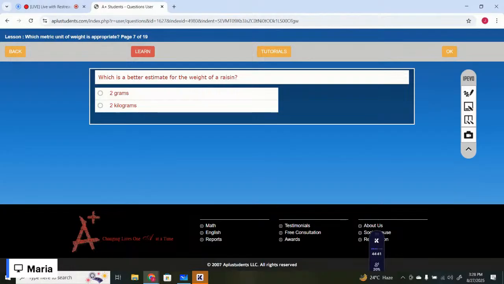Which is a better estimate for the weight of a raisin? It would be 2 grams. Option number 1 is the correct option.